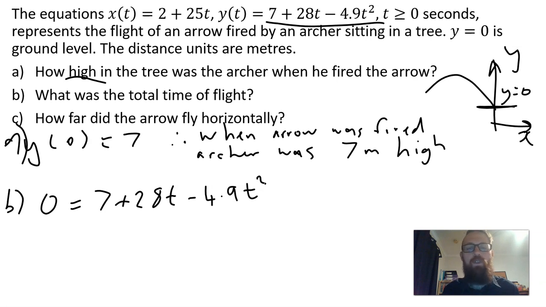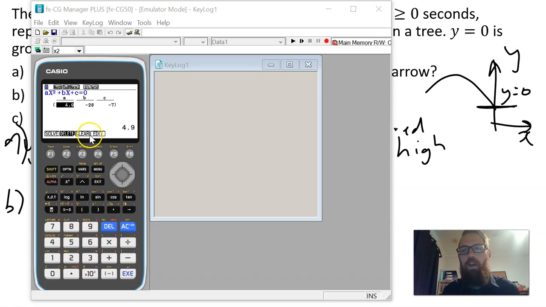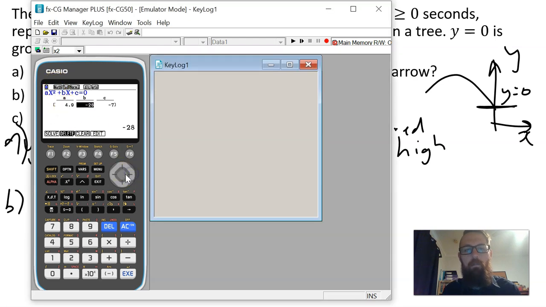We could use a few things. We could graph this. We could use the quadratic formula. I'm just going to use the calculator. So we're going to substitute these in the calculator and solve it as a polynomial of degree 2. I've just put in the values there. The thing in front of t squared was actually negative 4.9, but it doesn't matter, I've flipped all the signs. So negative 4.9, let's put that in. In front of the t was 28, and in front of the constant was just 7.